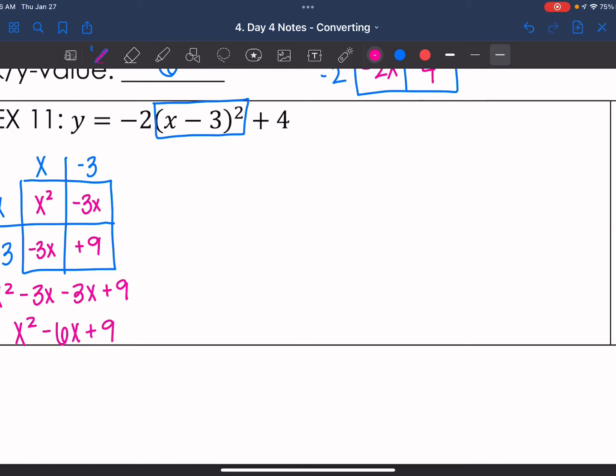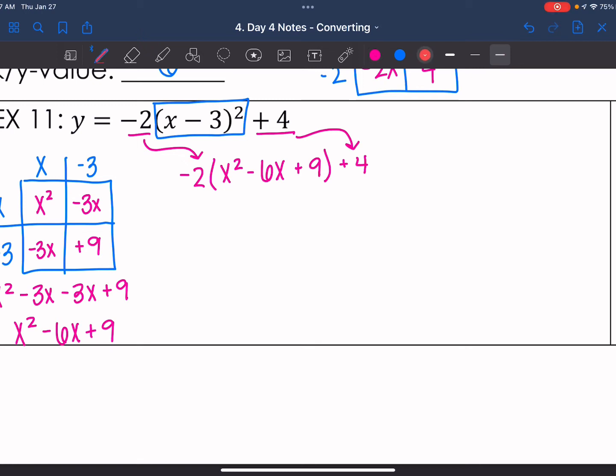And then I will replace the x minus 3 squared in my original equation with x squared minus 6x plus 9. I kept my GCF out front, and I'm bringing that plus 4 to the end.